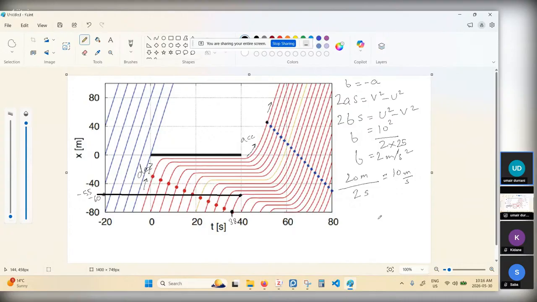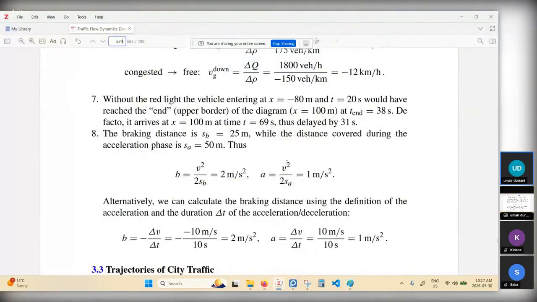So this point is minus 55. So if this is minus 55 and this is minus 80, if we ignore their signs and we deduct that, this comes out to be 25. So that's a 25 meters distance for the braking. So here's the braking distance that they mentioned.